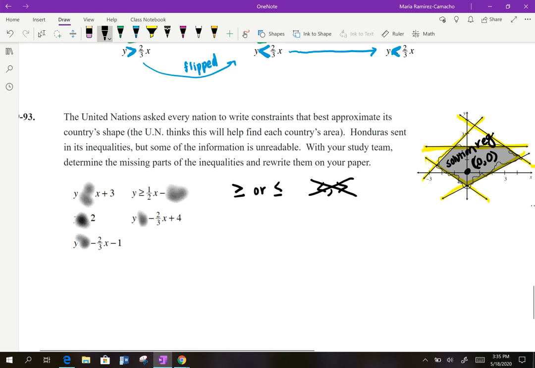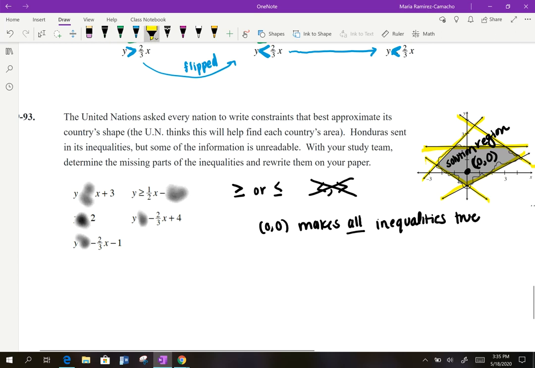So that means that 0, 0 makes all of the inequalities true. Okay, so if we plug in 0, 0 into all of these, we'll be able to find the missing inequality symbol. Okay, I hope it'll make more sense once I start to do this.